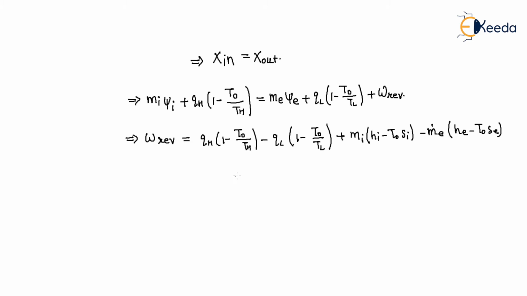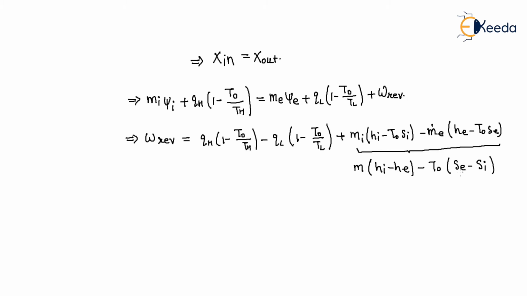So you have QH, you have QL, all these values, and if we take M outside, what is Hi minus He, right, minus T naught (Se minus Si)?